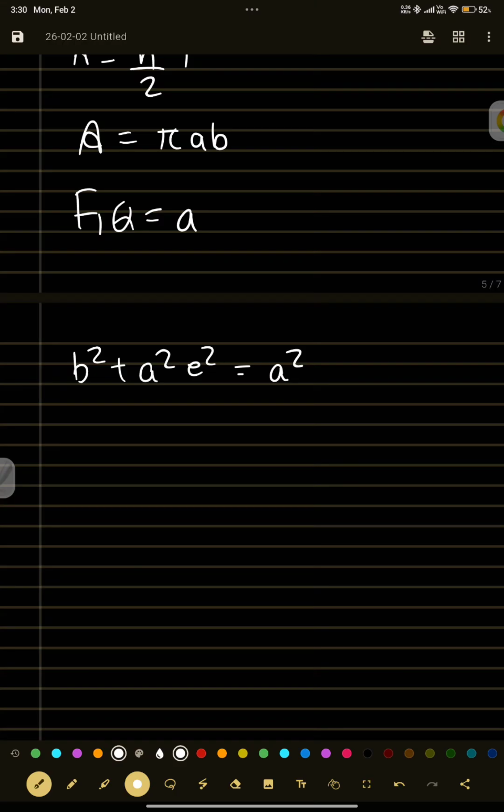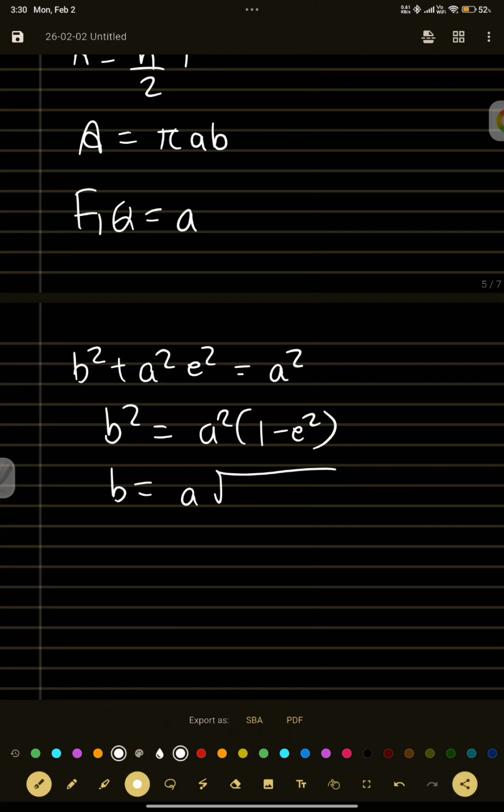So b square is a square into 1 minus e square. So b is a into root 1 minus e square. Any doubt? Now this makes sense. This quantity is less than 1.